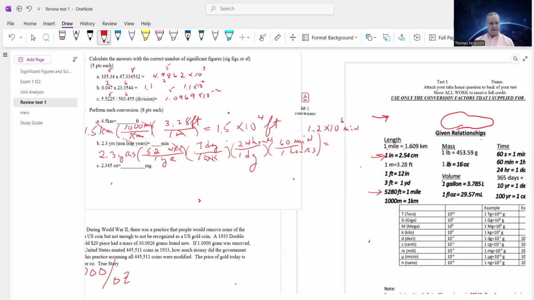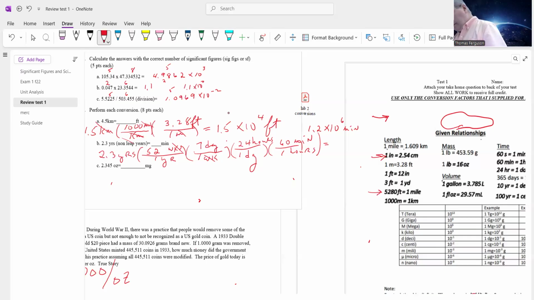All right, lastly, ounces to milligrams. Okay, so how are we gonna do this? Well, we can go ounces to pound, pound to gram, gram to milligram.